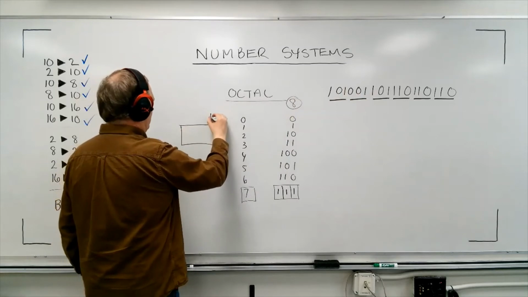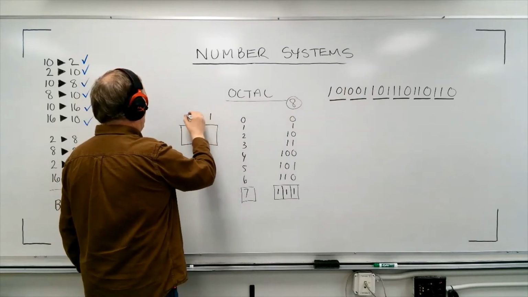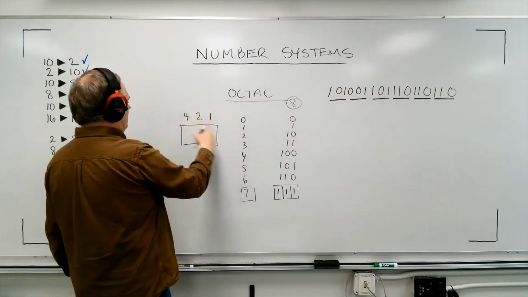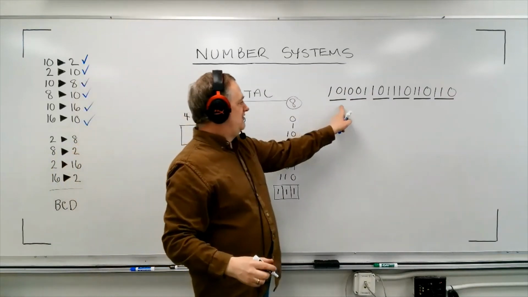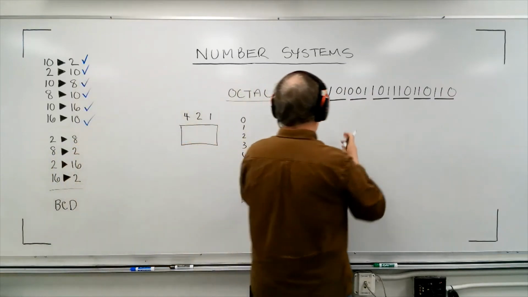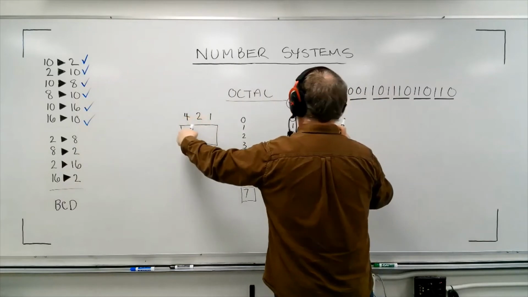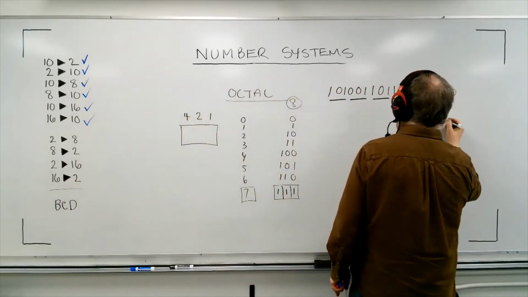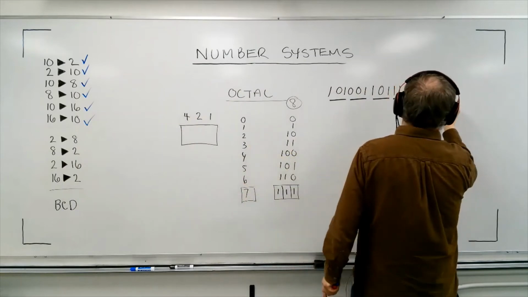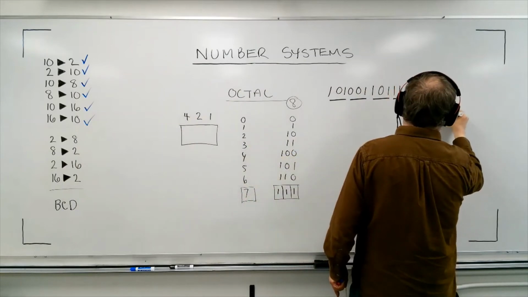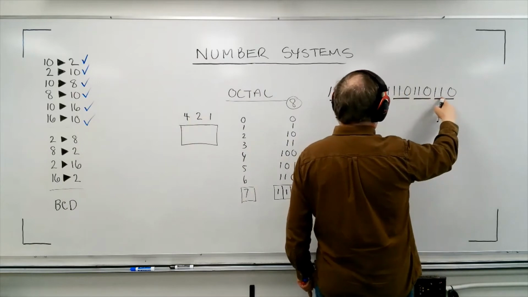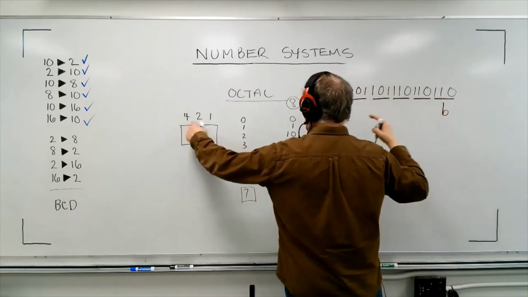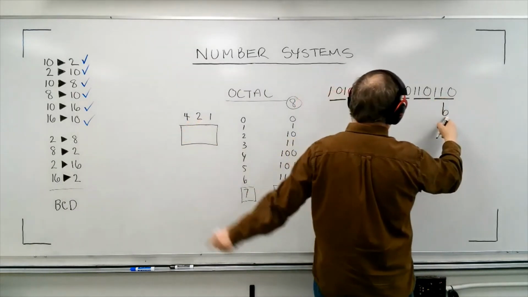Remember, in binary, this is 1, this is 2, and this is 4. So we're going to create each segment here. We're going to create a value based on this. So here we see this number right here is going to be 6. 4 plus 2 is 6. Remember, this is what we're using. 4 plus 2 is 6.